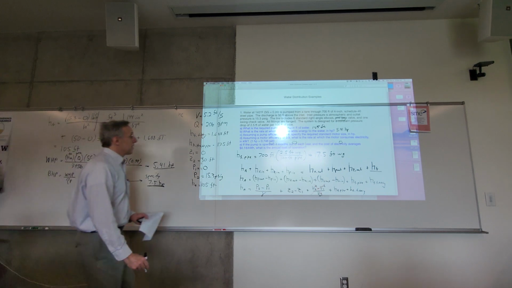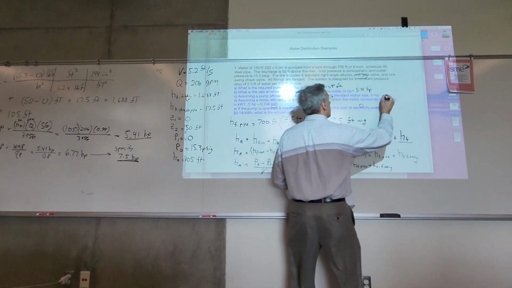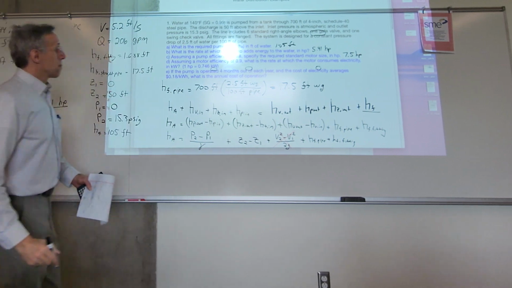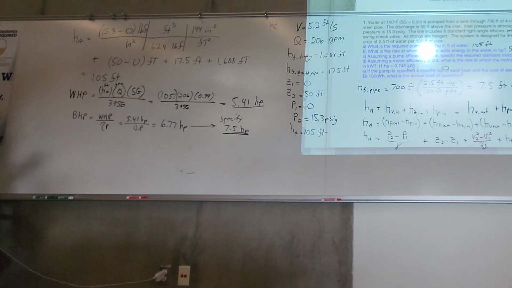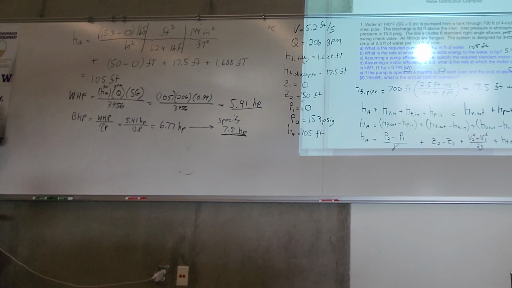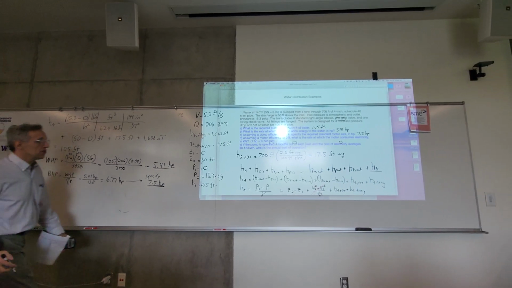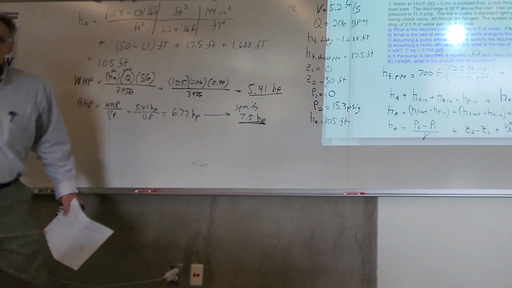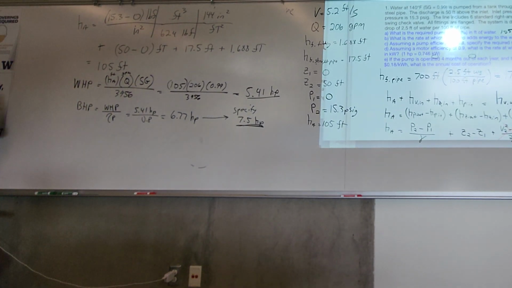So 7.5 horsepower is our motor size. And then if the motor efficiency is 0.9, what is the rate at which the motor is consuming electricity? So we're doing a financial analysis, which comes with every HVAC project.